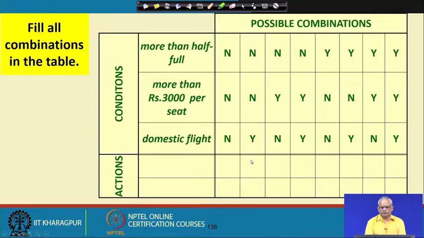So, just drawn here for your reference, these are the three conditions and then the specific actions. We write all possible combinations of the conditions. If there are 3 here and each is a binary, then we will have 2 to the power 3, 8, that is the number of columns here.